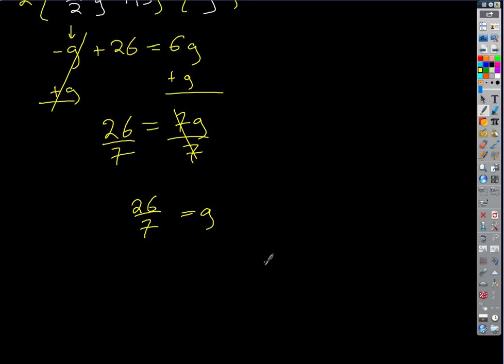Is that a bad answer? It's fine. What suggestion? Could we go any further with it? Not really. We don't really want to write this one as a decimal, do we? Because 7, we're going to get an infinite decimal. It's rational, but it doesn't give us a nice, neat decimal, does it?